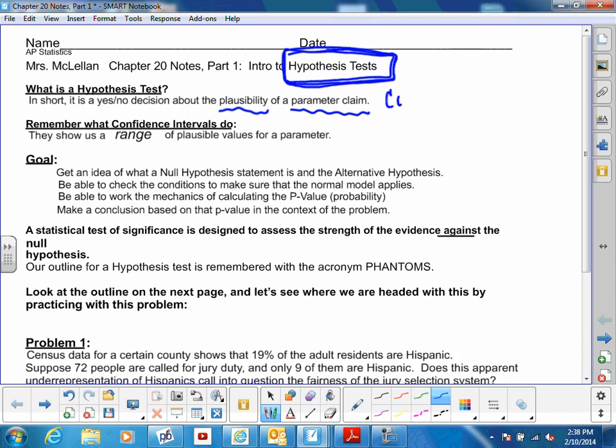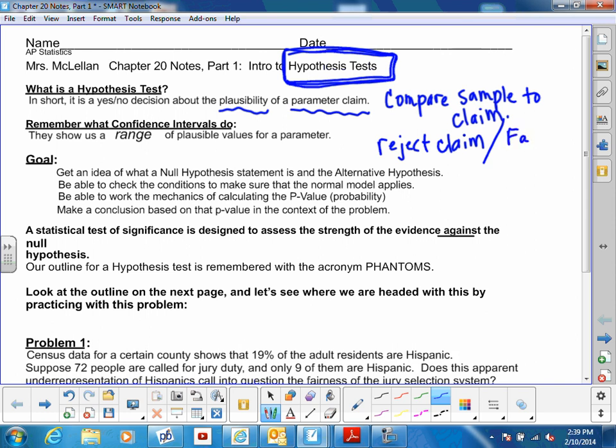So you are going to end up comparing your sample to the claim. We'll then have evidence to either reject the claim, because we have a sample that is far enough away from the claim that there's no way I would have gotten it if the claim is true, or we will not have evidence to reject the claim.